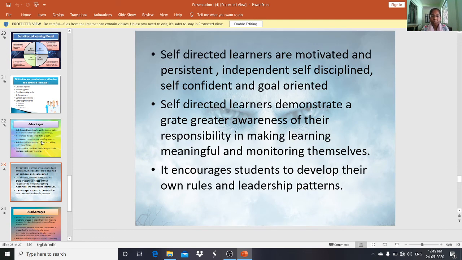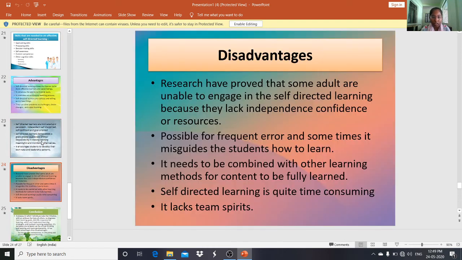Self-directed learners are motivated and persistent, independent, self-disciplined, self-confident, and goal-oriented. They demonstrate a greater awareness of their responsibility in making learning meaningful and monitoring themselves. It encourages students to develop their own rules and leadership patterns. These are the advantages.